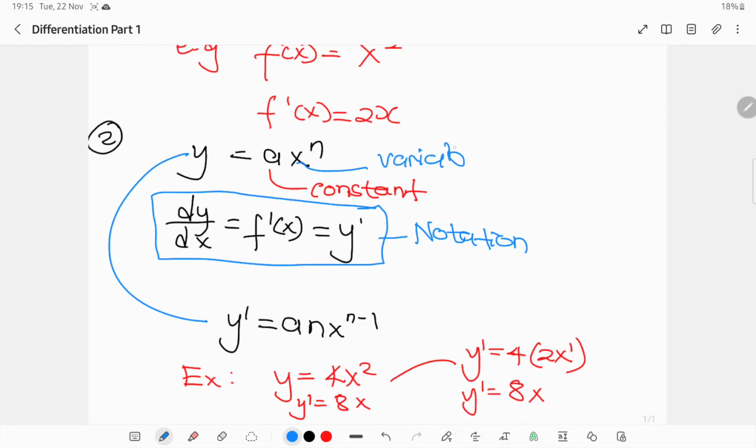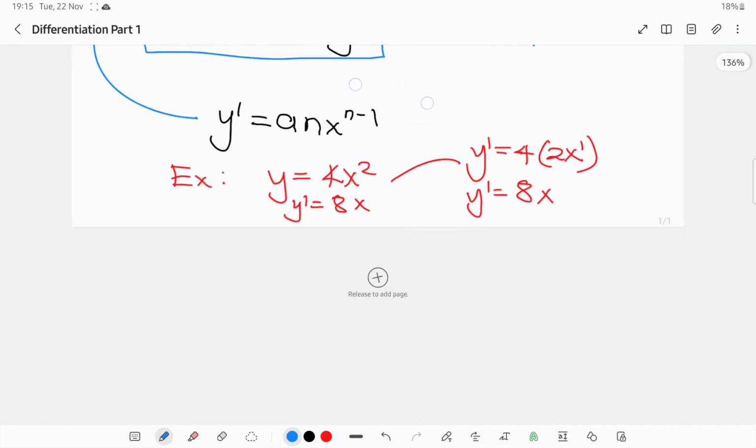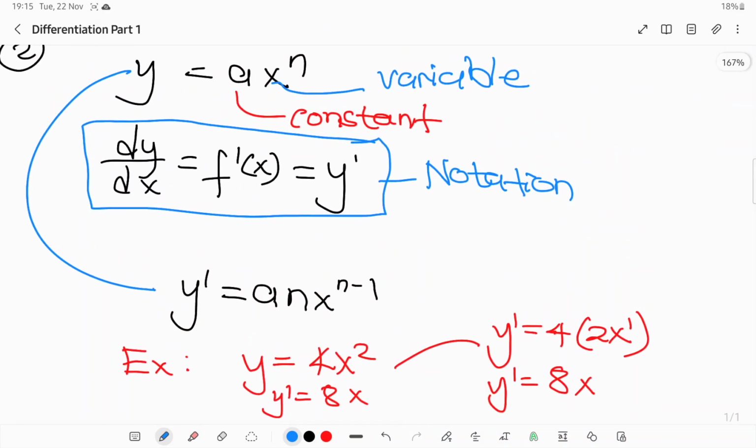What do we mean when we say x is the variable? We mean that we can substitute 1, 2, 3, 4 into x. So it can be varied into different numbers. And the constant a remains the same throughout. Okay, perfect.